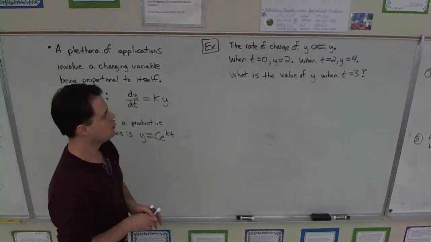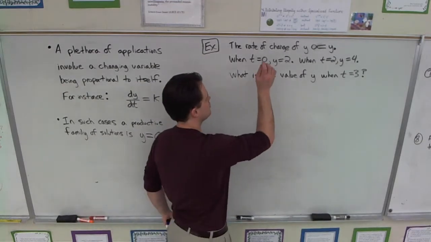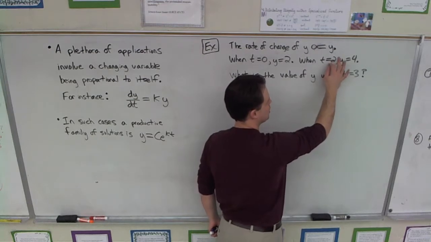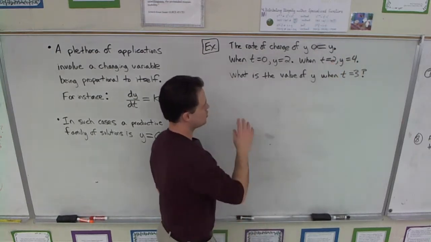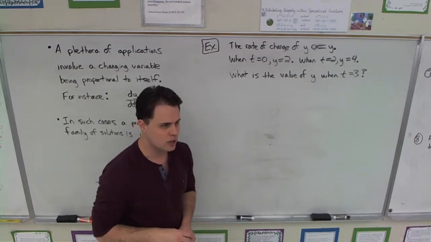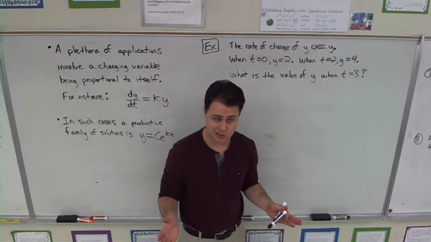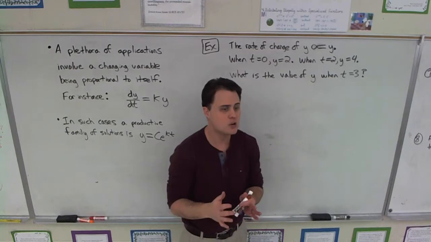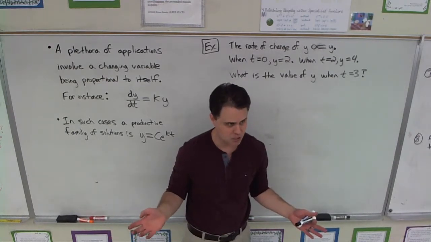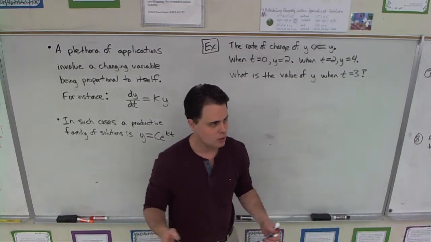Yeah? So I also have some measurements. It says when time is 0, y is that much. And a little bit later, at time 2, y is that much. So we're supposed to find the value of y at time 3. So what we can do here, and I have my Algebra 2 students do this with no calculus, but I don't tell them why it works that way, right? We now should be able to understand why it works that way.